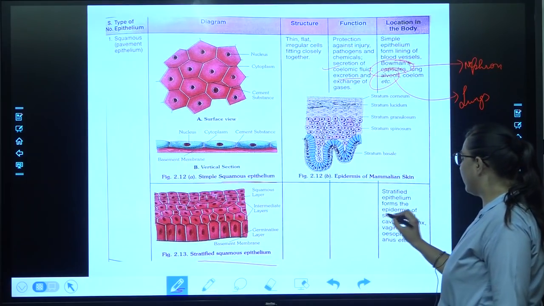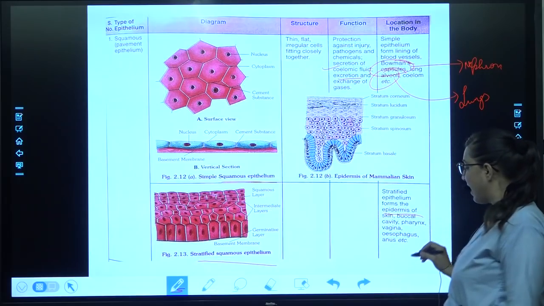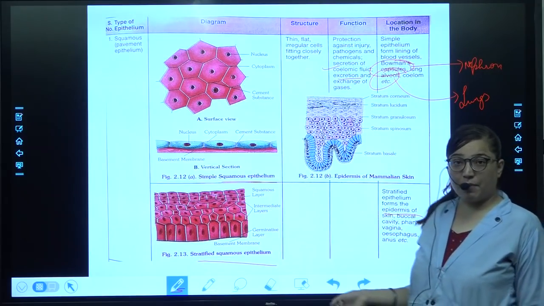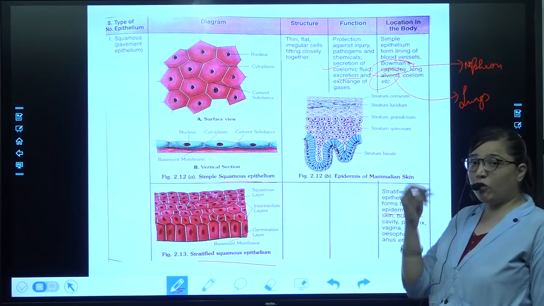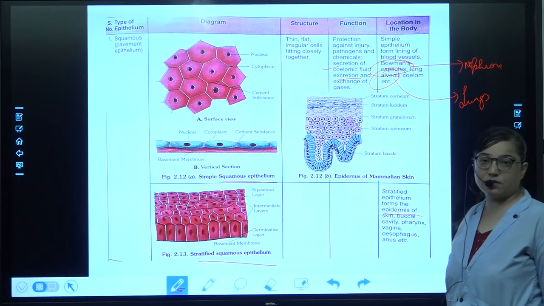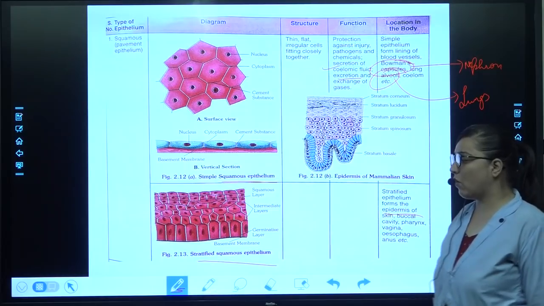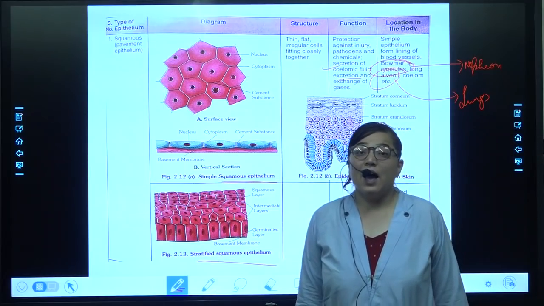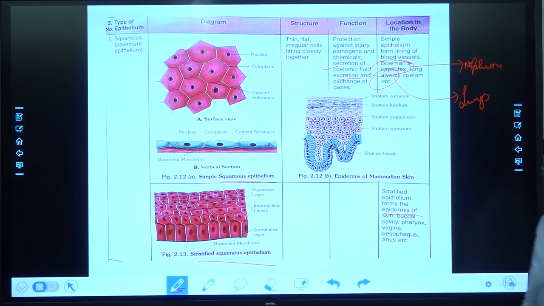It will form the outer layer of the skin. It is found in the buccal cavity, in the pharynx, in the vagina, which is a part of the female reproductive system, in the esophagus, the food pipe which helps us swallow food, and in the anus. So, go through this content. After that we'll go on to the next type of epithelial tissue, that is columnar epithelial tissue.